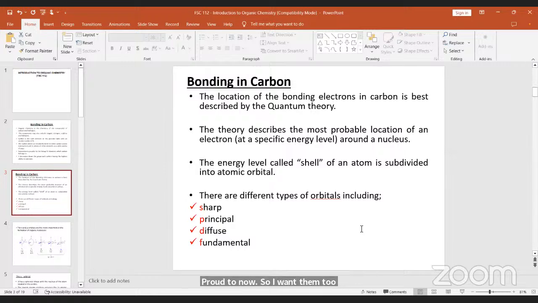But the theory describes the most probable location of an electron at a specific energy level around the nucleus. The possible energy levels are called orbitals, okay? And we have different types of orbitals. You have the sharp orbital, the principal orbital, the diffuse orbital, the fundamental orbital.